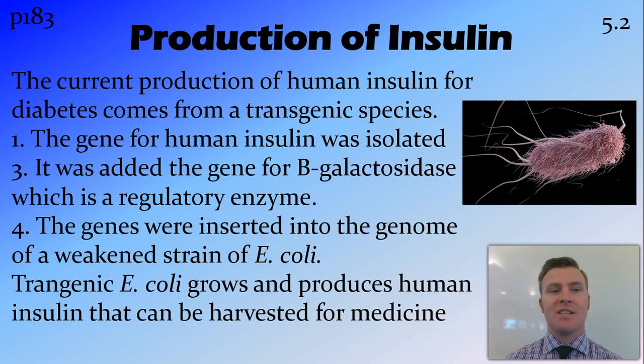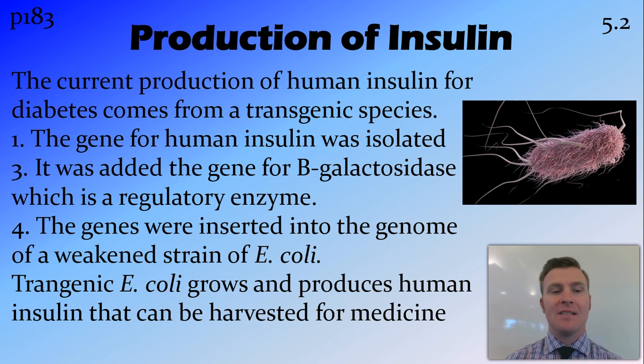An example of a transgenic species is a special type of E. coli that has the human insulin gene injected into it. The first thing they did was isolate the human insulin gene from the human genome.